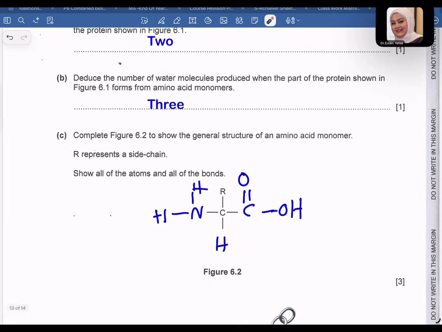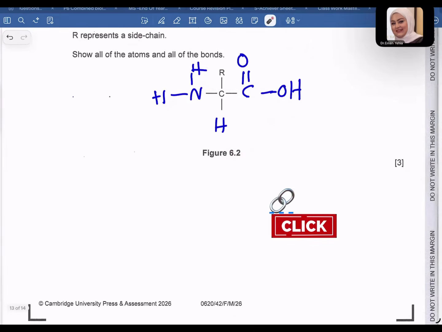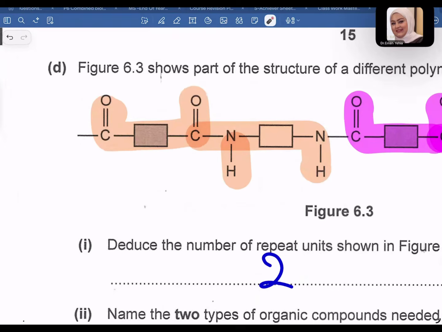To show the general structure of an amino acid monomer, the amino acid has one side with carboxylic acid and one side with amine. That is the general structure. The last question shows part of the structure of a different polymer. Deduce the number of repeat units shown here. First of all, what is the repeat unit? Repeat unit: detect the linkage.